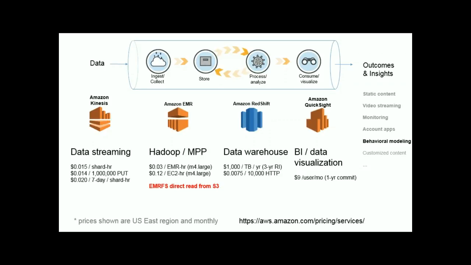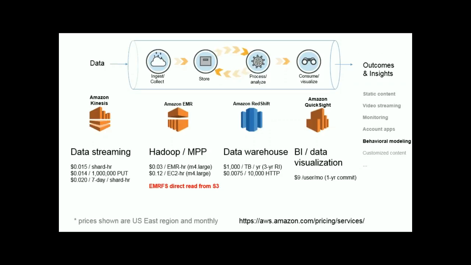What EMRFS allows you to do is store all of that data in S3, and then when you want to run Hadoop jobs, you spin up a Hadoop cluster, run that job, store the data back into S3, and shut down the Hadoop cluster. It allows you to only operate your Hadoop cluster during processing time and not pay for it when you're not using it, which is a really different way to think about how to use Hadoop.